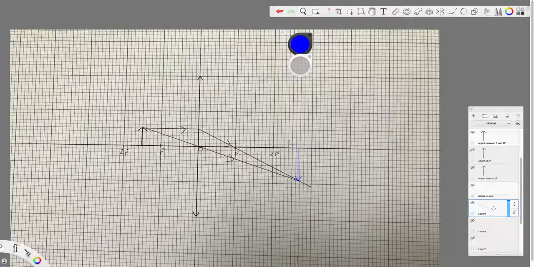So what have we got? Well, our image is real because real rays of light have met to form it. It's inverted because it's upside down. It is magnified rather than being reduced. And it's outside 2F.